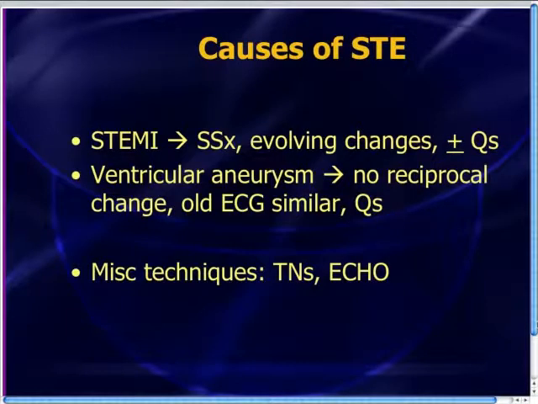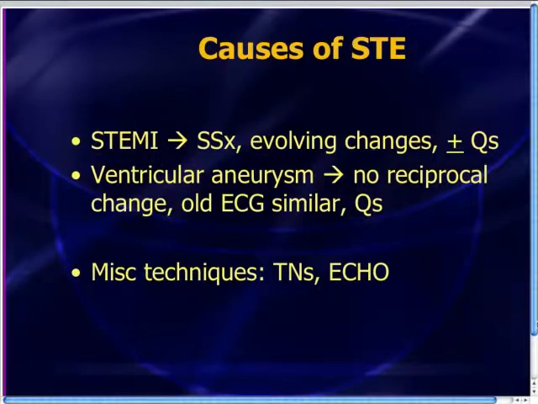With the ventricular aneurysm, you really should not see reciprocal changes, and that's another helpful clue. With the STEMI, you oftentimes do. Not always, but you often do. So if you see reciprocal changes, you just ruled out an aneurysm. All right? So there's some helpful clues that I'll summarize once again. Concerning signs or symptoms, go with STEMI.